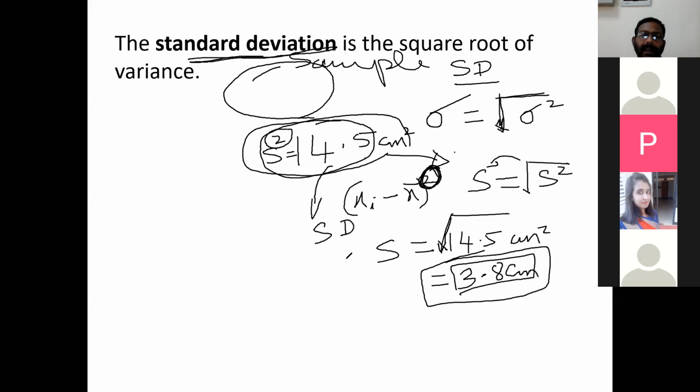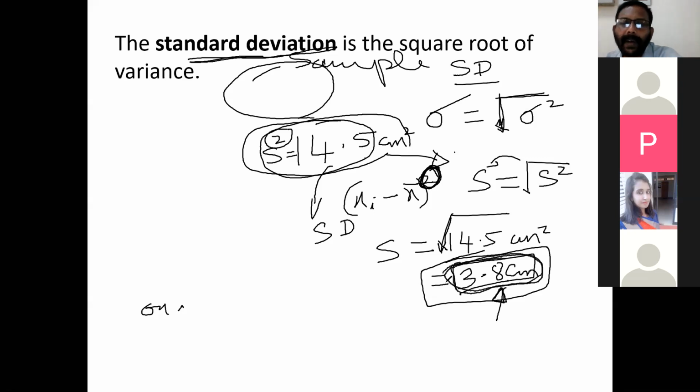How can we explain it? Write down: on an average, the given data set, which means the earlier data set that we have discussed, is deviating 3.8 centimeter from the mean value of the data set.